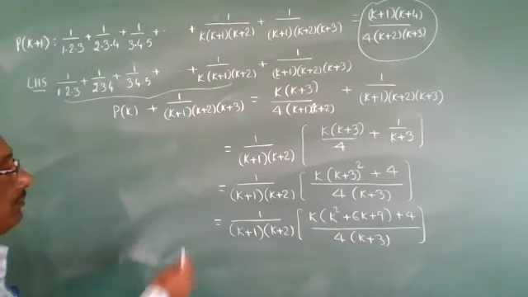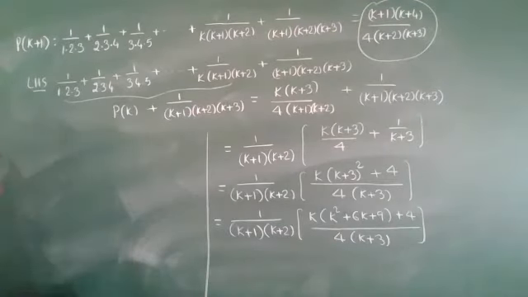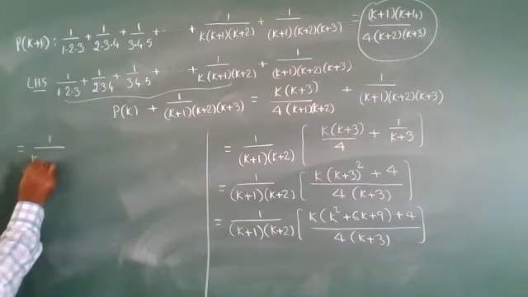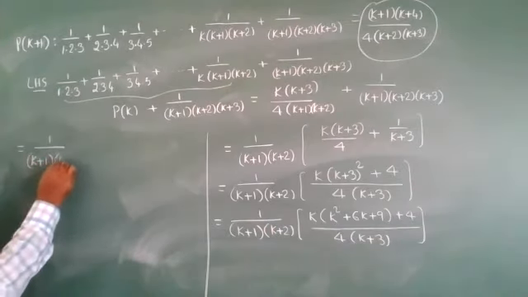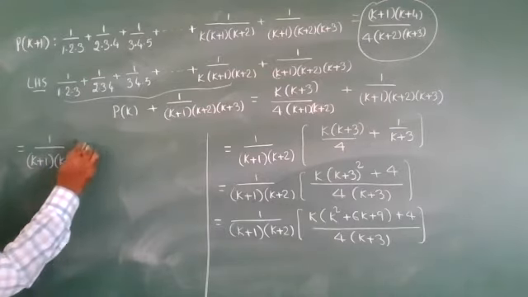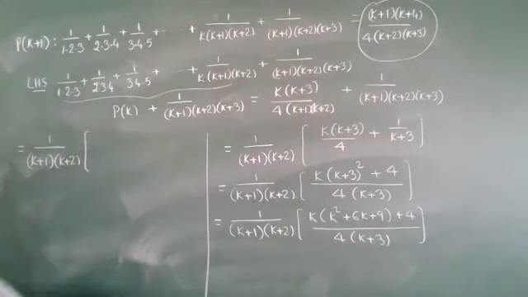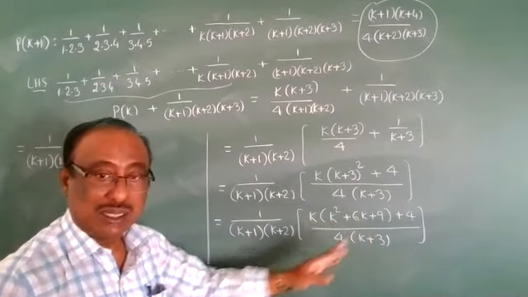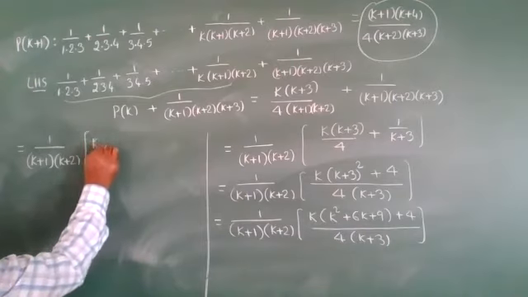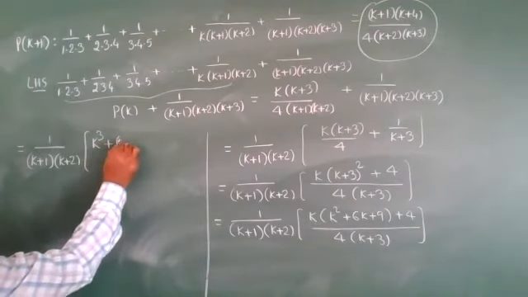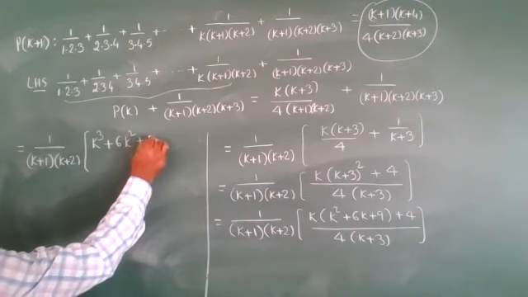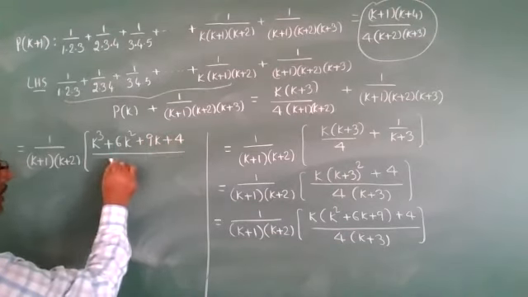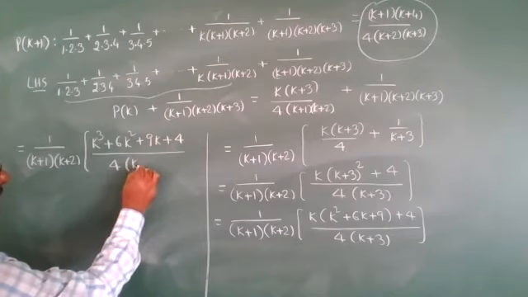So 1 by k plus 1 into k plus 2, multiply: k cube plus 6k square plus 9k, k cube plus 6k square plus 9k plus 4 upon 4 into k plus 3.